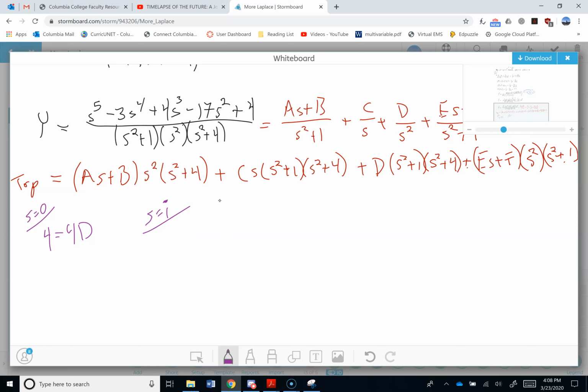So if you let S be i, then you get S to the 5th, which is, let's see, i to the 4th is positive 1, so i to the 5th is i, minus 3, minus 4i, plus 17 plus 4. So that's the top evaluated at i.